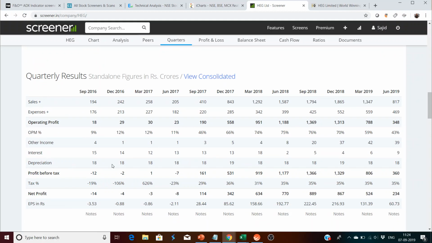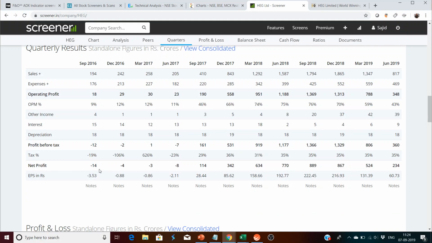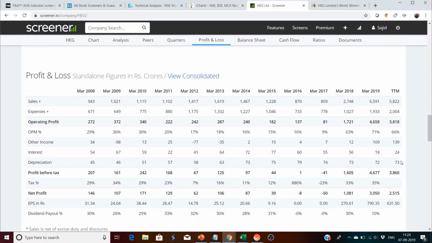And quarterly results you can see. Let's look at net profit. 2016 negative, negative, negative, negative, positive. September 17 onwards is positive, and it has been growing consistently till December. In March 19 and June 19 it started dropping.